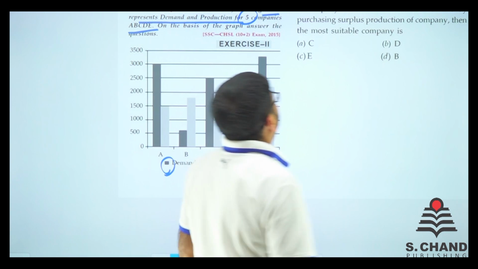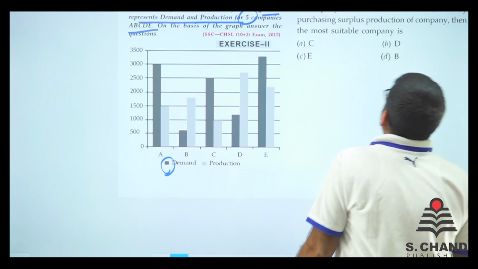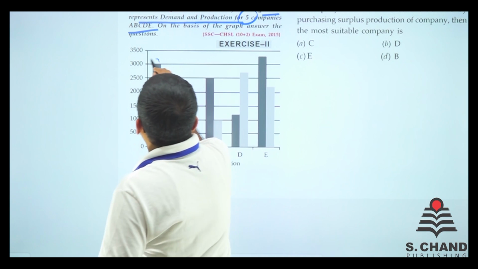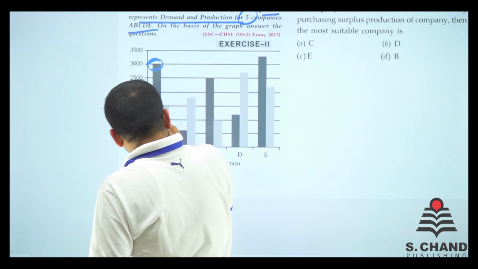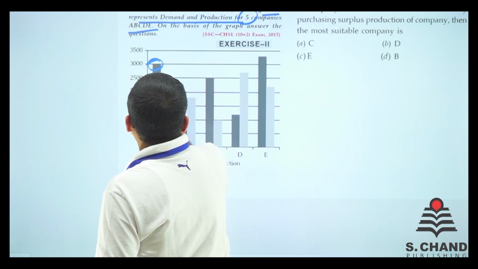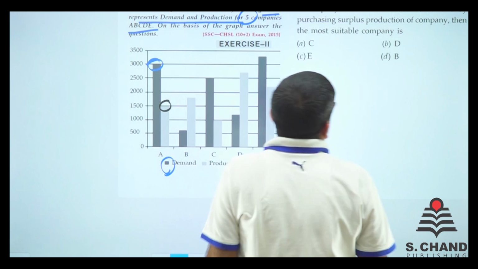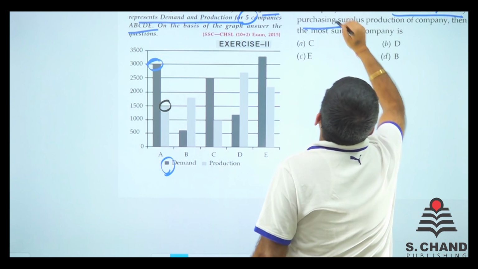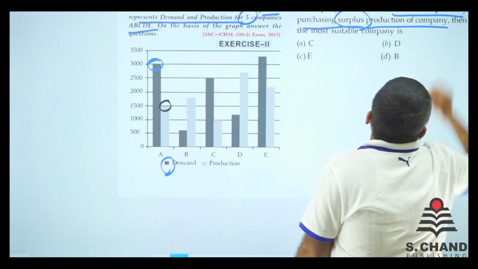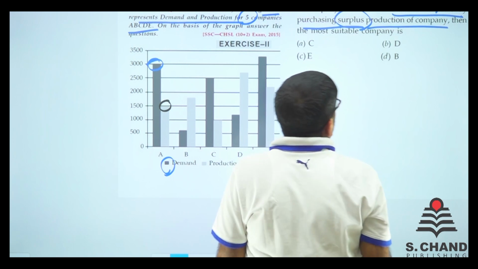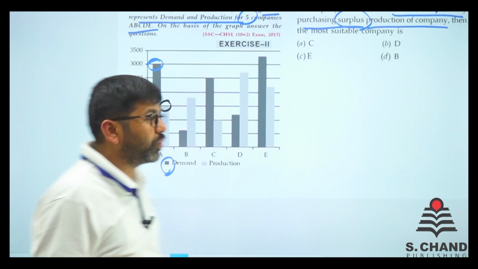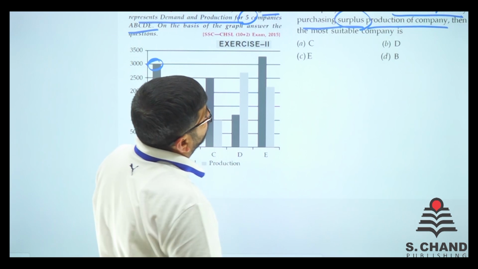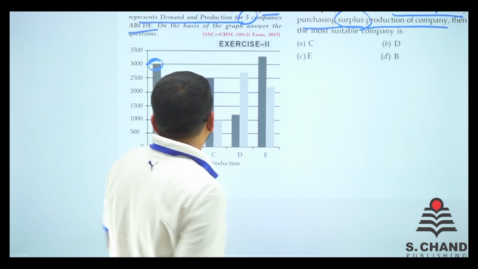Now what is said? If company A desired to meet the demand, see, A has 3,000 demand and 1,500 is the supply, that is production. So it wants to do it by purchasing the surplus production of a company. So which company is more suitable?